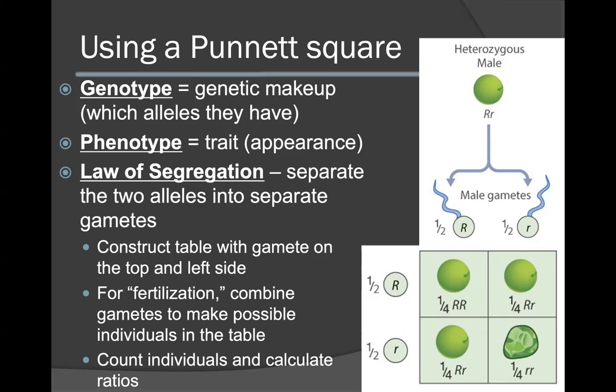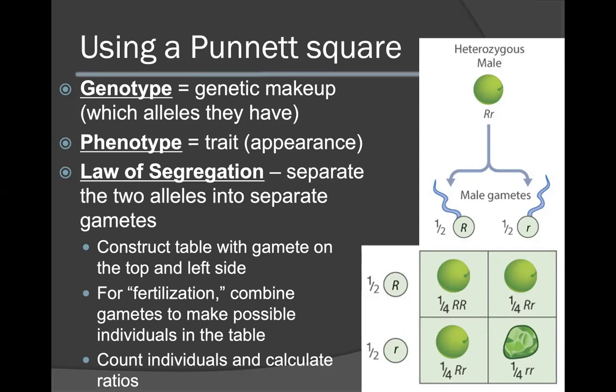We can see in this diagram to the right, we have a heterozygous male. Let's consider that we have a heterozygous male as well as a heterozygous female. When we have a heterozygous individual, we know that it carries both the dominant and recessive allele, so we know the genotype of that individual.